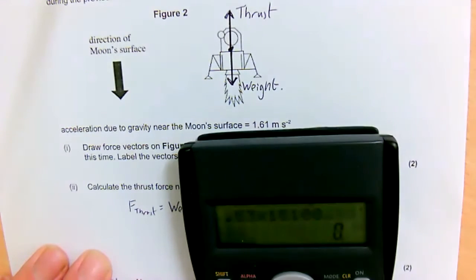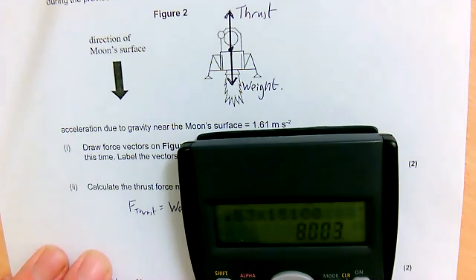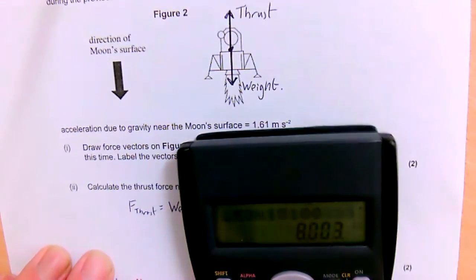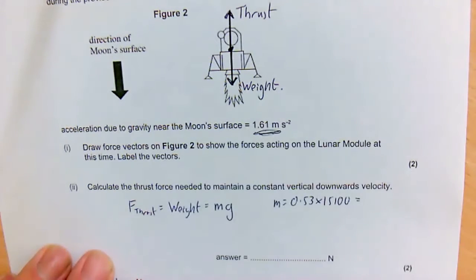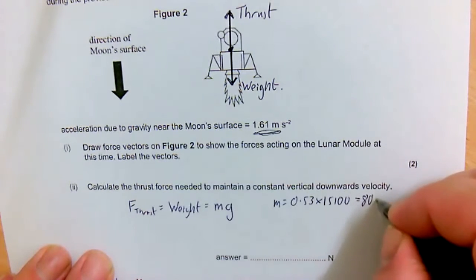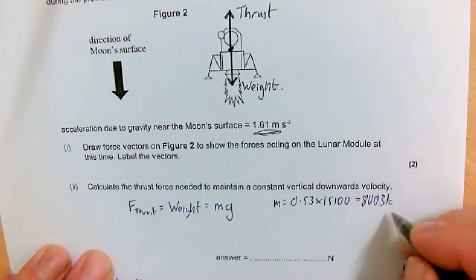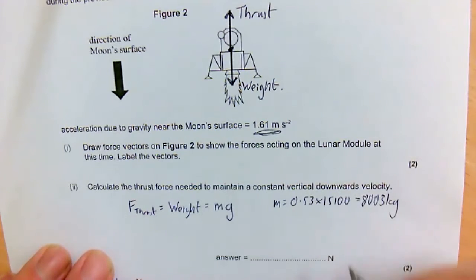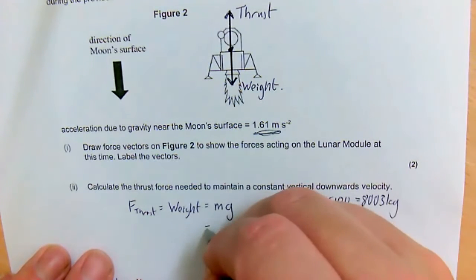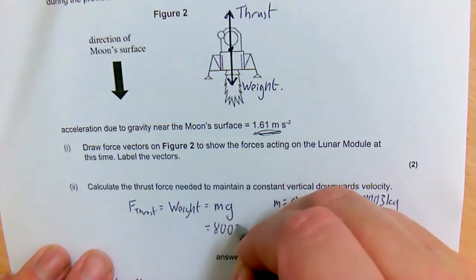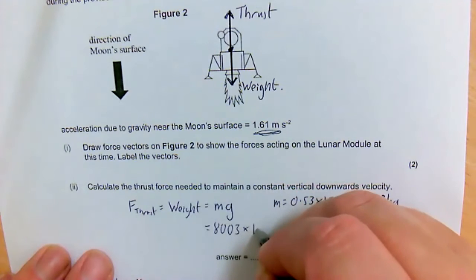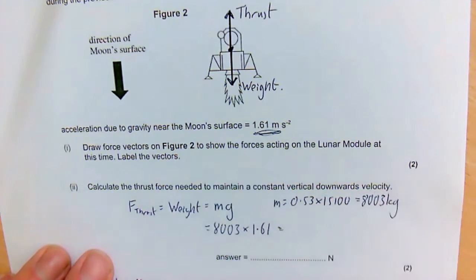That gives you 8,003 kilograms. Obviously, that 3 is pretty irrelevant, but we're going to keep it in because we're going to use it for the calculation. So it's 8,003 multiplied by 1.61.